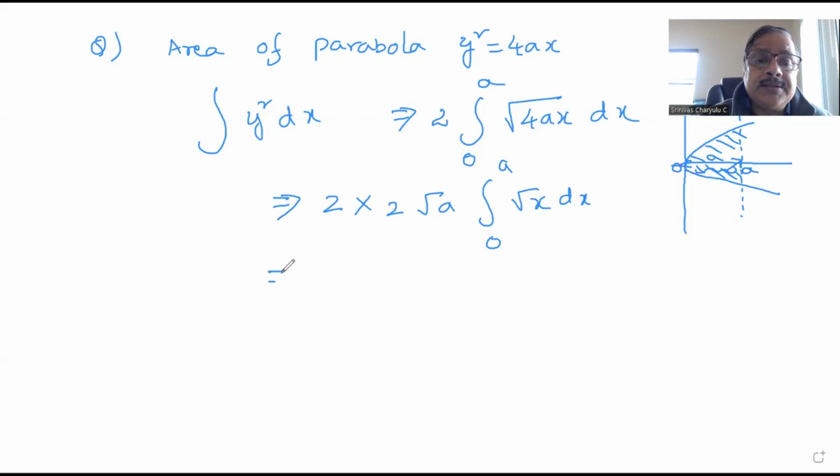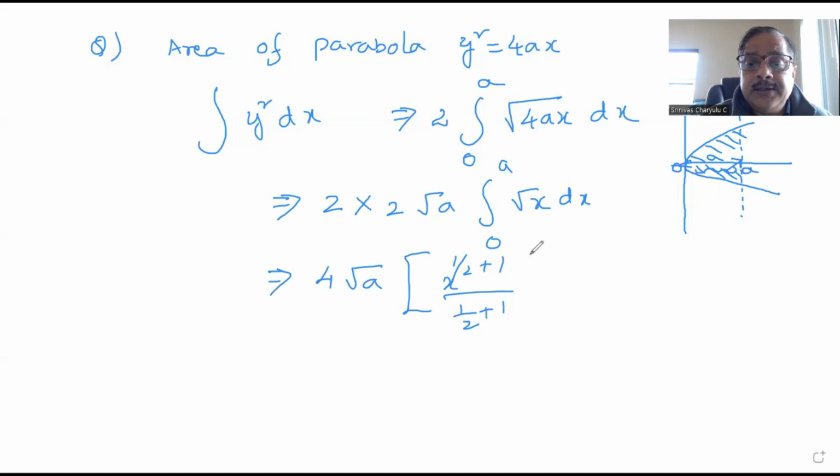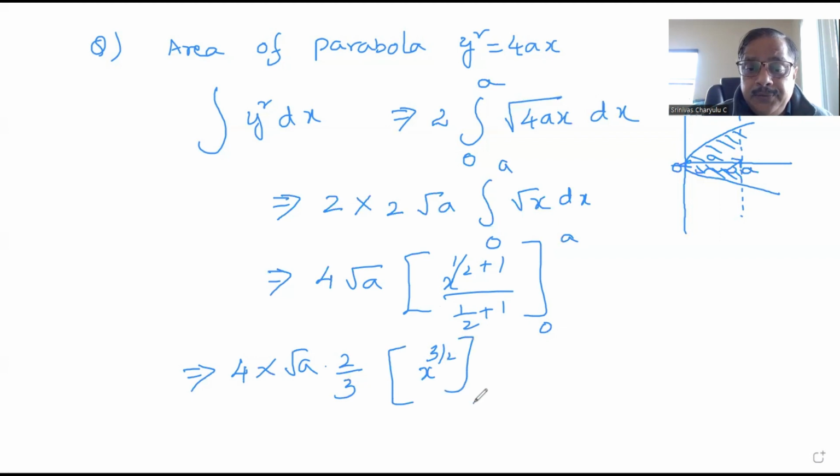So what is root x here? It is nothing but x to the power of half. After integration, that becomes x to the power of half plus 1 by half plus 1, between the limits 0 to a. Here half plus 1 means 3 by 2, and the 2 will go to the top. So 4 into root a into 2 divided by 3, open the bracket, x to the power of 3 by 2 between 0 and a.